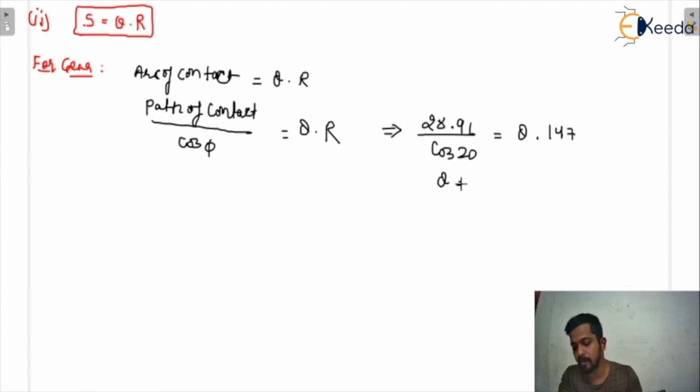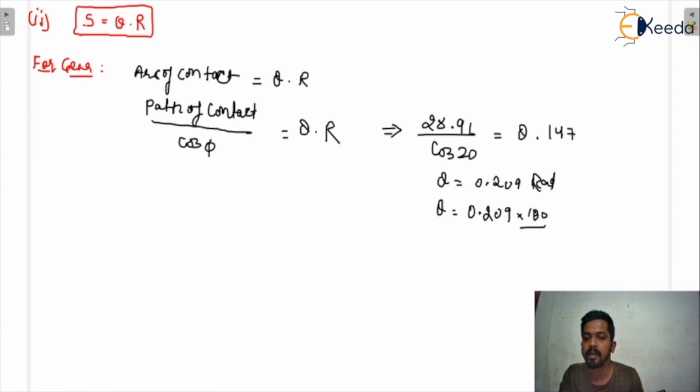28.91 divided by cos 20, and that is 147. The theta value would be 0.209, but this is in radian. You must convert it into degree. So how can you convert into degree? 0.209 multiplied by 180 upon pi.